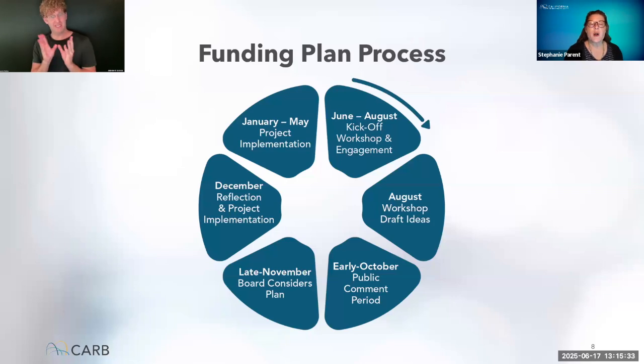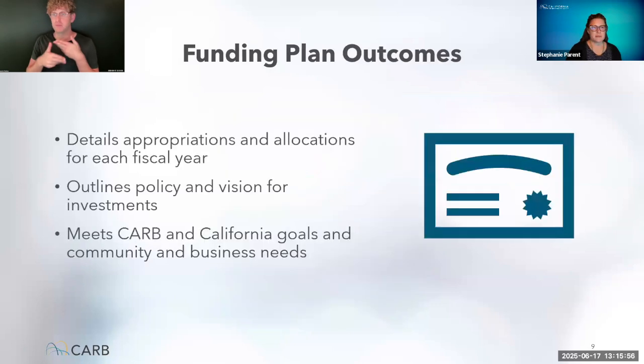But rather than push our process out further, we stick to our timeline to get the dollars out the door quickly to program administrators so we can spend the incentive funds quickly and get them to the people and businesses that need them. Otherwise, we risk the possibility of the legislature pulling back the funds. Next slide, please.